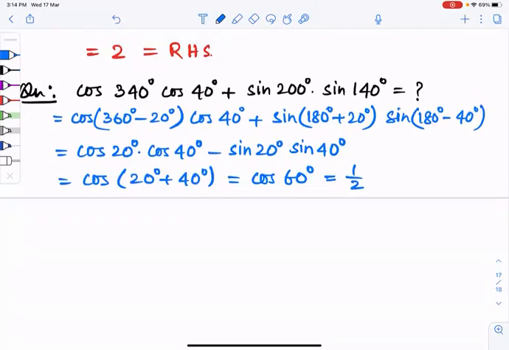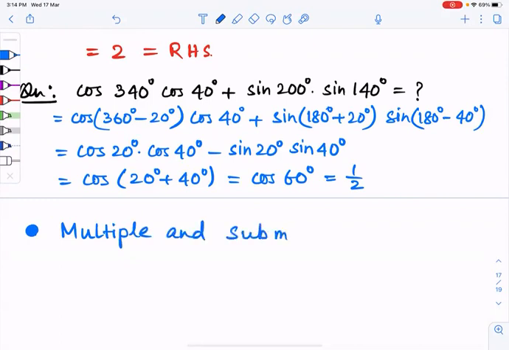Okay. Let us now discuss some more formulas. So we have discussed compound angle formulas so far. Now I am going to tell you multiple and submultiple angle formulas.